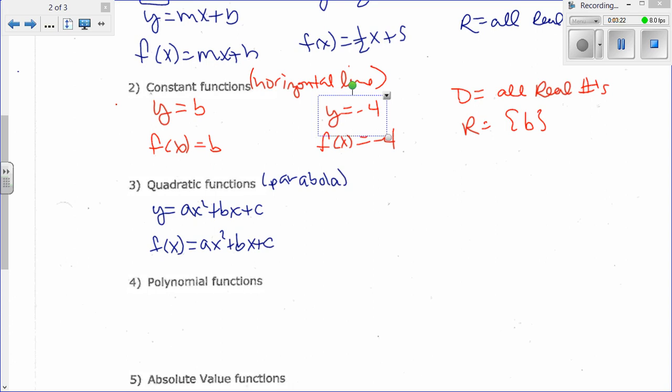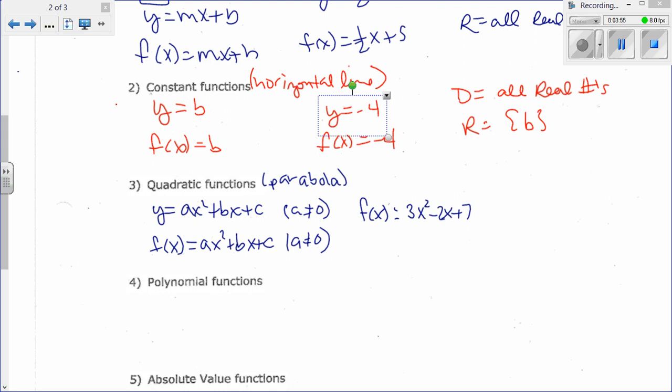And this is true as long as a is not equal to 0. If you put 0 in for a, then you get rid of your x squared term, and it's no longer a quadratic function. Okay, an example here, I'm just going to use function notation, because I think you can see that they're both the same: f of x equals 3x squared minus 2x plus 7.